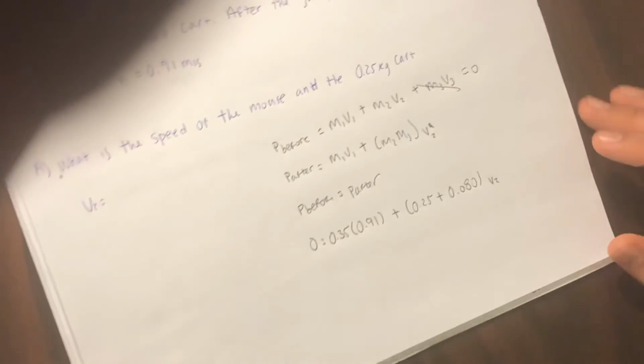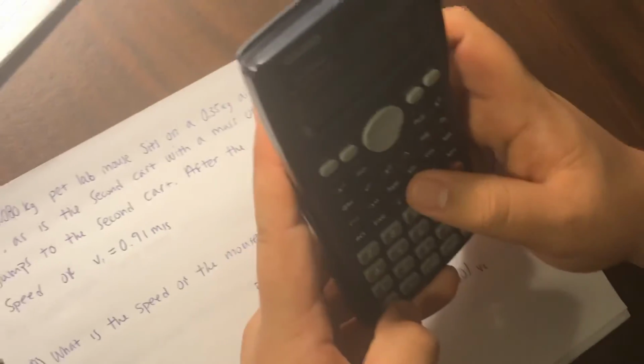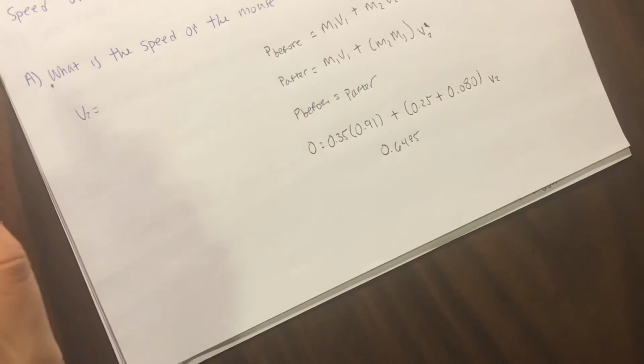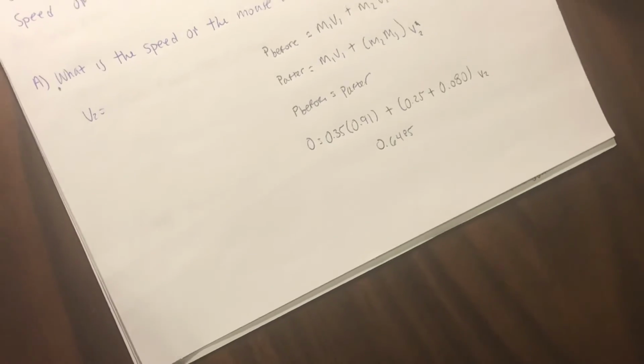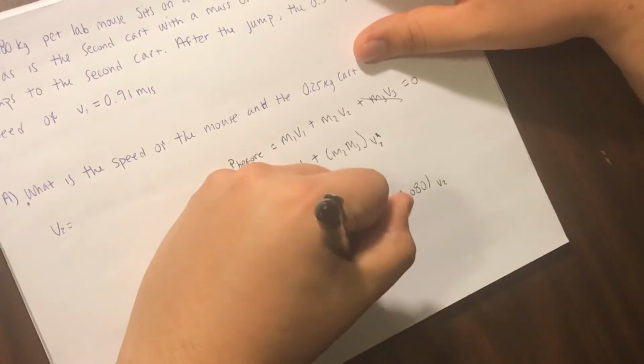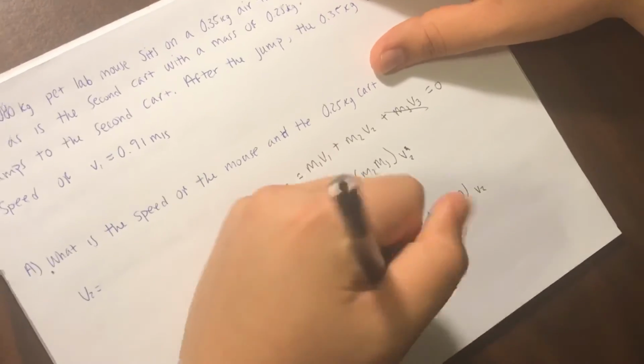So we add that together: 0.35 times 0.91 plus 0.25 plus 0.080 equals 0.6485. So now all we do is negative 0.35 times 0.91 divided by 0.33.